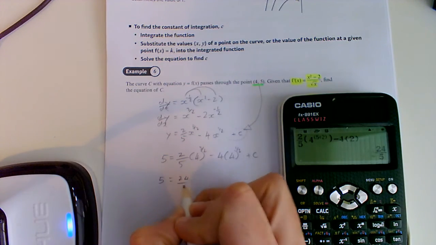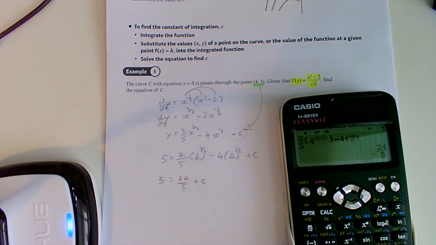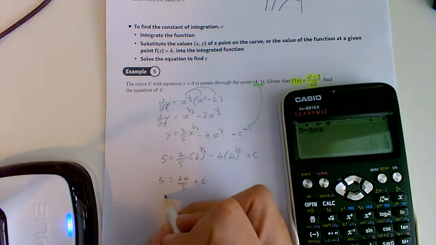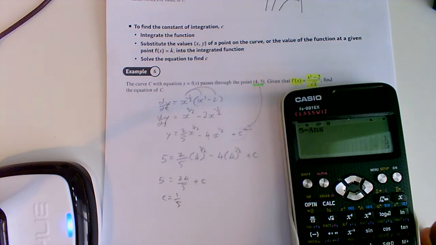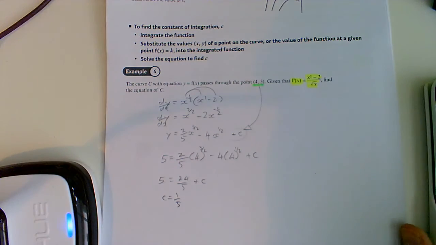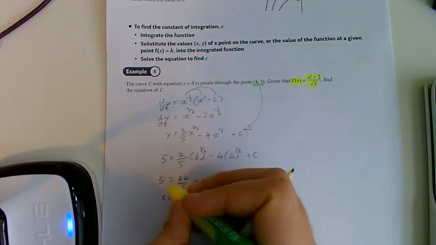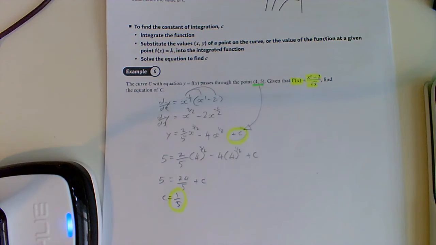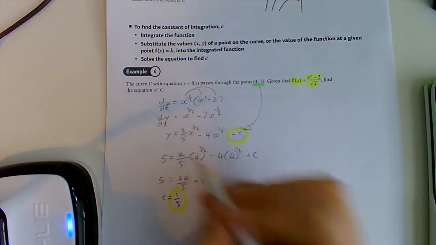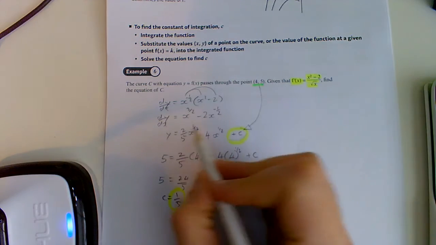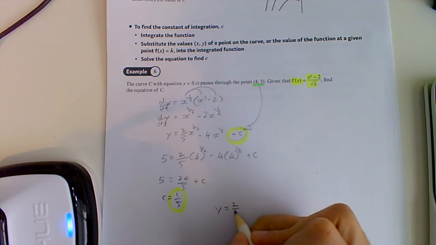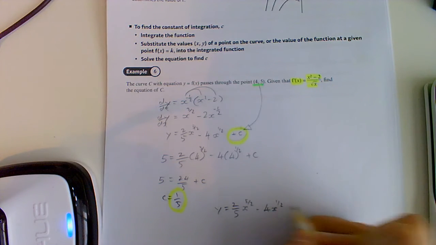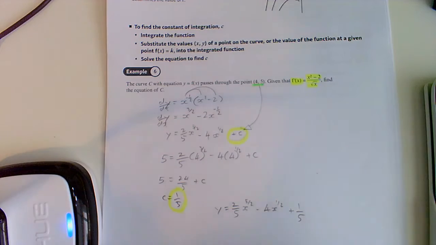So 5 equals 24/5 plus c. If I do 5 minus 24/5, it tells me that c is a fifth. So what I can now do is replace that c there with a fifth, and it gives me the full answer for the curve. It tells me that y must equal 2/5 x to the 5/2 minus 4x to the half plus a fifth.